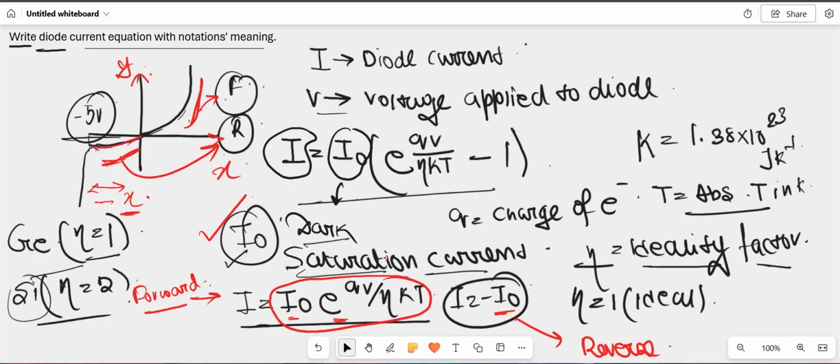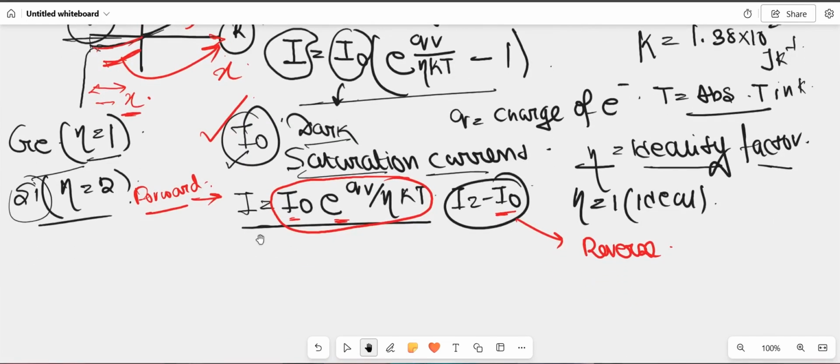Now, if the diode is operating at room temperature, we will be considering T is equal to 300 Kelvin. And one thing that we need to notice is that this is the forward bias condition and this is the reverse bias condition.